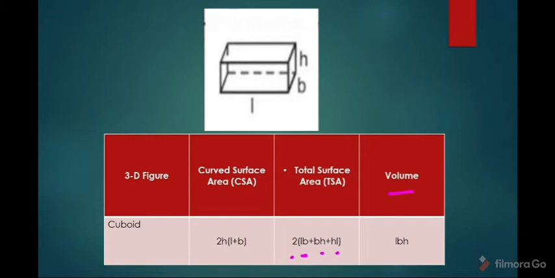And the volume means the capacity of this figure, how much material can be stored in this cuboid, how much water you can fill in this cuboid. The capacity of the figure is considered as volume. The formula is length into breadth into height.